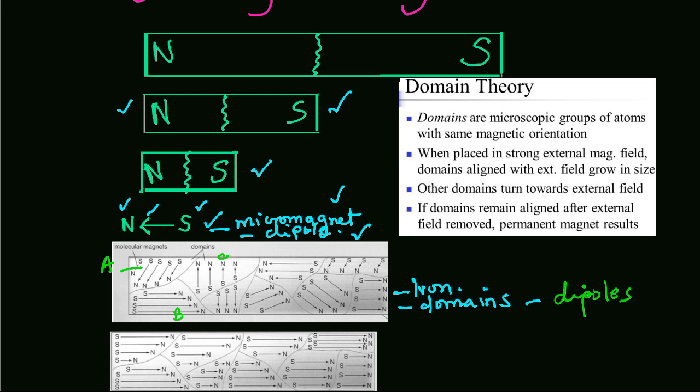That is, the north poles of the dipoles in domain A are arranged in such a way that they face the south poles of the dipoles in domain B, and the north poles of the dipoles in domain B face the south poles of dipoles in domain C.